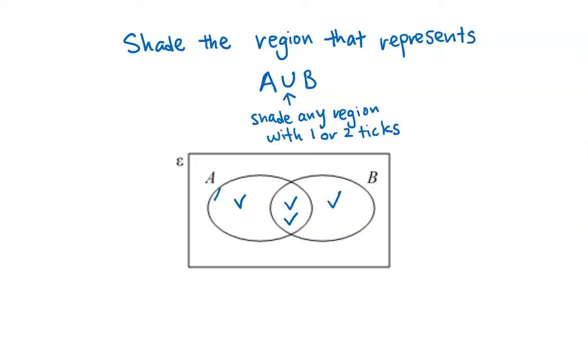So what I'm going to do is to shade this, and all the way up to here. Everything here has a tick. So if you're particular, do use a ruler to do a better job than I am on my Wacom writing device. Okay, so this represents the region for A union B.